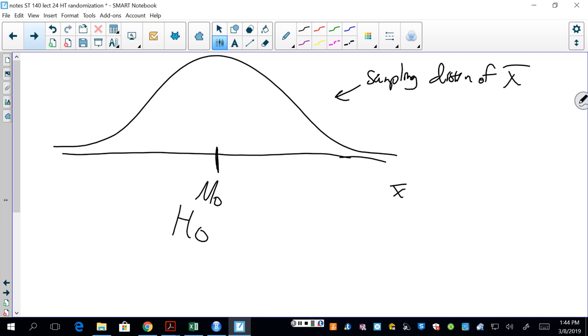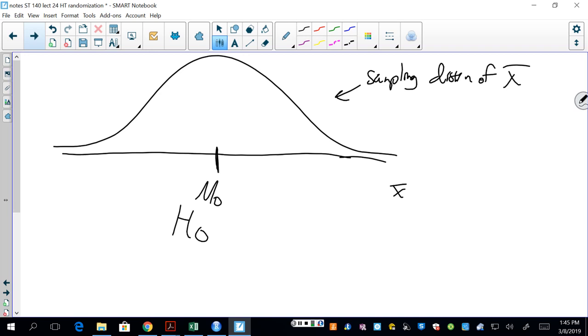So you're going to get an X bar that is kind of close in here, relative to the variability in X bar centered at that point. If we're close by, it's not going to be so extreme.